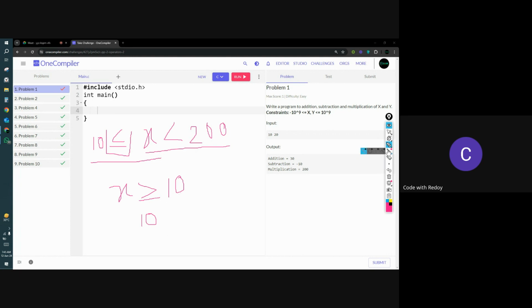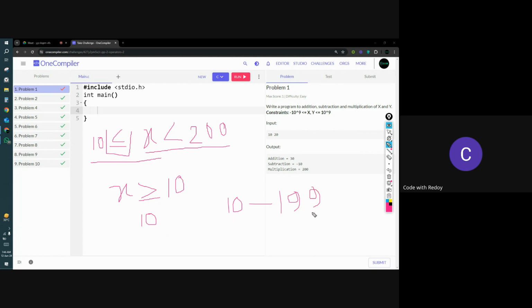Like you are going to ask your friend to say a value between 10 to 199, and the value can be 10 but less than 200.